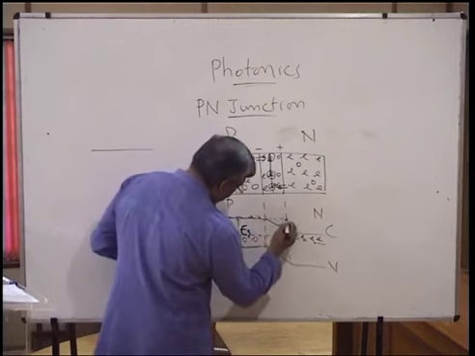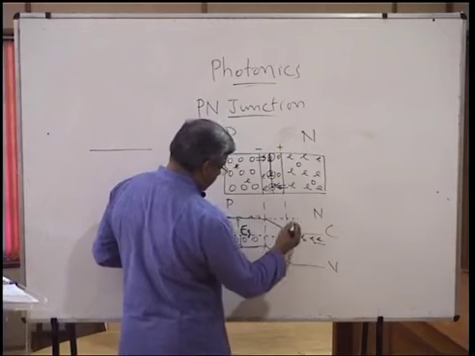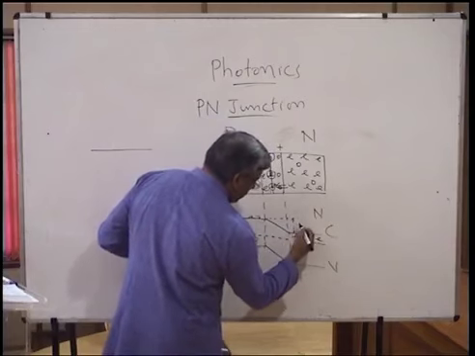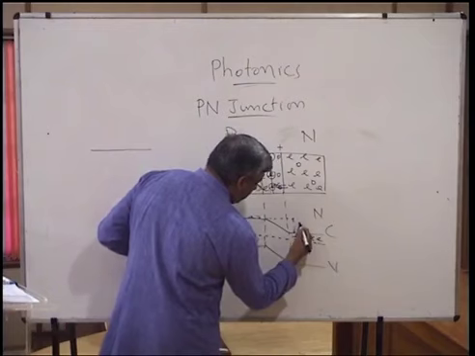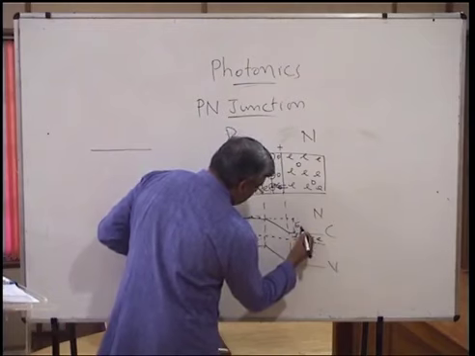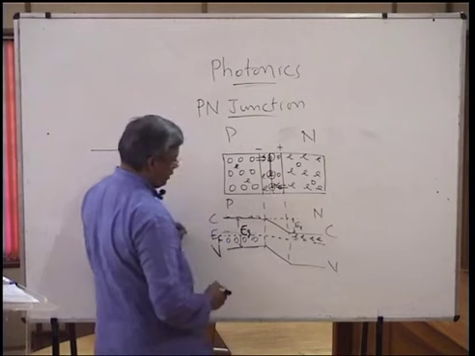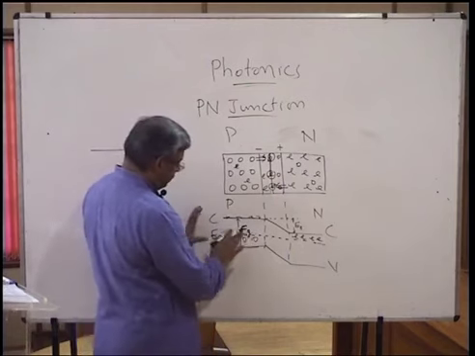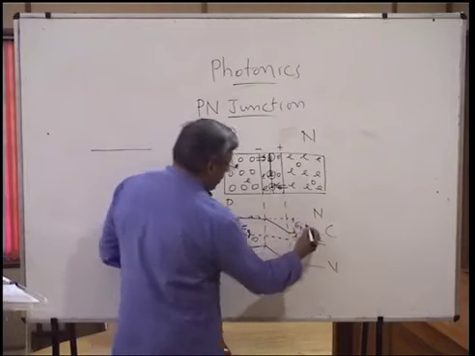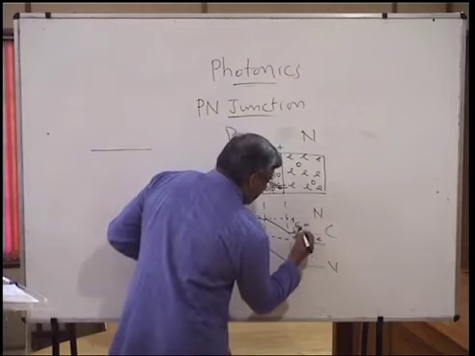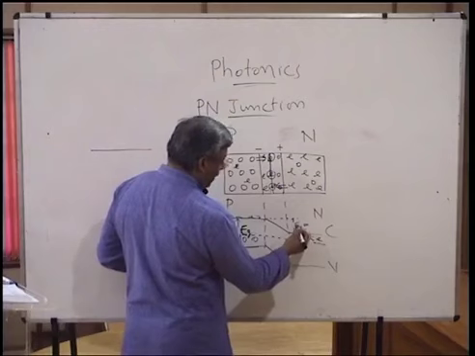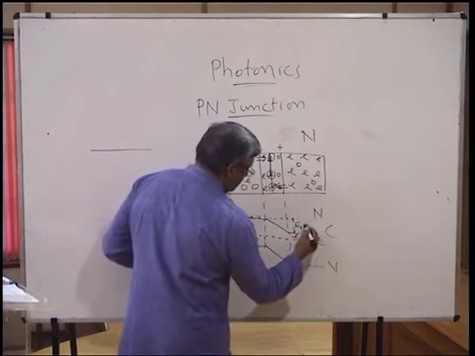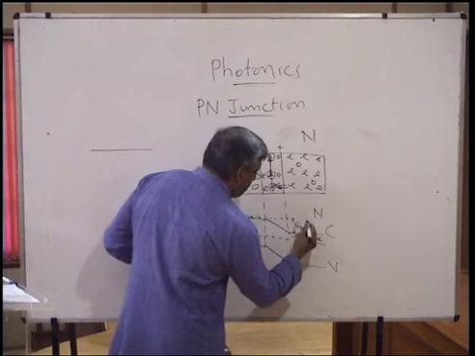And there again, you find another thing, which I have already told earlier: a potential barrier, an energy barrier, which is created. Now, the energy gap is fixed when we fix the material, but the potential barrier is not fixed. It depends on the biasing. So this is a function of biasing.